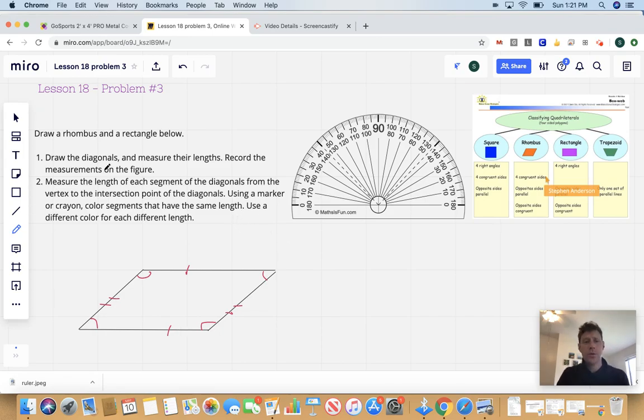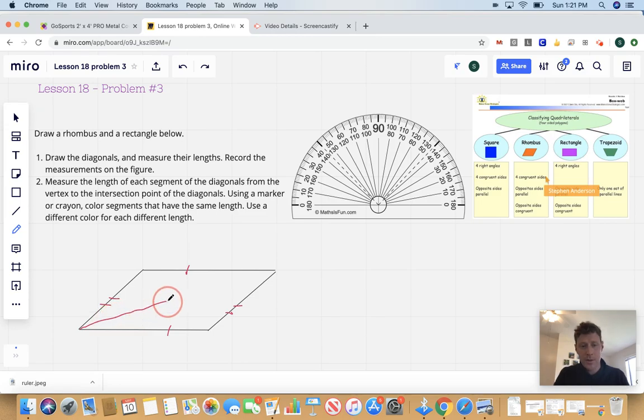We're asked to draw a rhombus and a rectangle below. I've drawn the rhombus, and now we're going to draw the diagonals and measure the side lengths. So I'm going to erase the lines I just made, and we're going to draw a diagonal using a crayon or colored pencil from one vertex to the other.